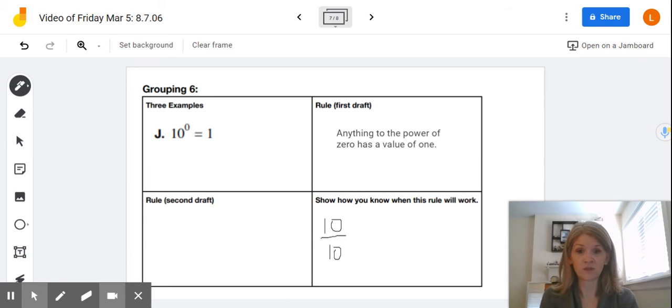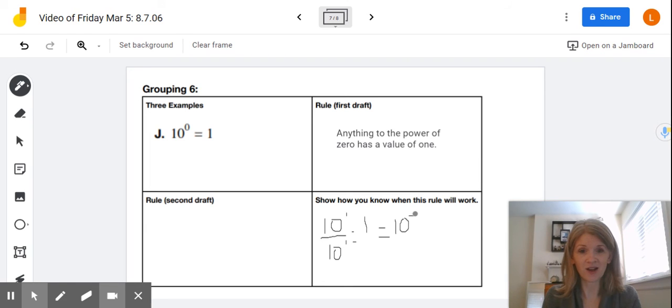you get 1. Okay, so let me put an exponent on here, and it actually doesn't matter which exponent I put as long as I'm putting the same one. So 10 to the power of 1 divided by 10 to the power of 1, well, that would equal 1 because anything divided by itself equals 1. Another thing we learned though is that if you're doing division with exponents and they have the same base, you can keep that base of 10 and subtract the exponents.